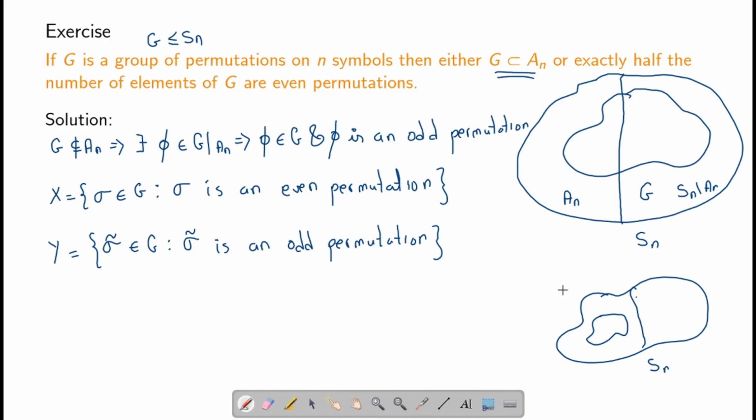So we are assuming that this is not the case, and we are taking this to be X and this part to be Y.